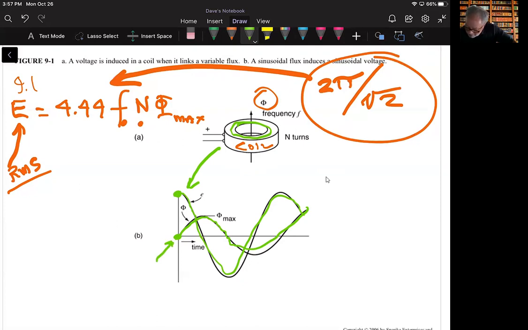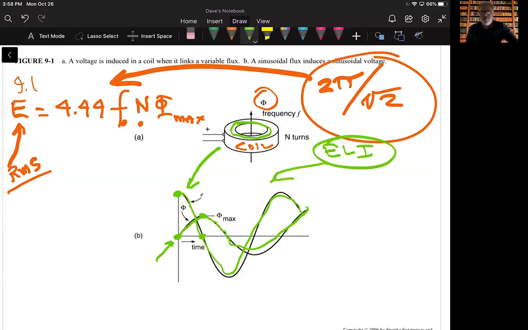And here, our voltage is 0 and our flux is maximum. If you remember inductors, the voltage leads the current by 90 degrees, and we'll talk about how that fits in just a second.